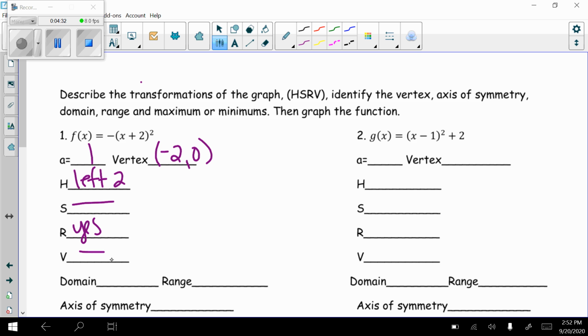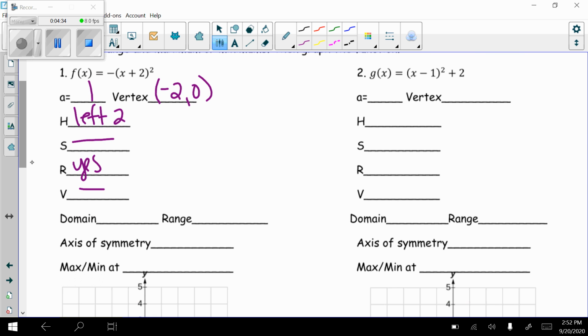The domain. This is nice about quadratic functions because remember, domain or x values, what you can plug into the function. I can plug any number in and square it. So my domain of a quadratic function will always be negative infinity to infinity if they have not restricted it. The range. So I notice that this graph is going to open down.